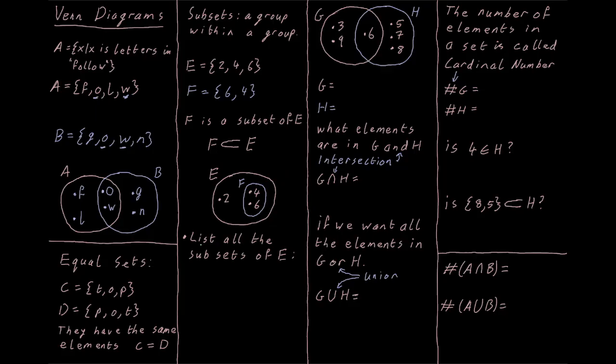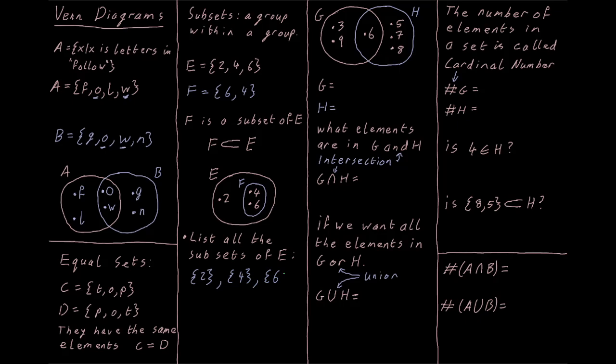Now, we can break up the group E into lots of subgroups. So how would we write down all of the subsets of E? Well, we could start off and say we could just have the element 2 as a set. We could have the element 4. We could have the element 6.